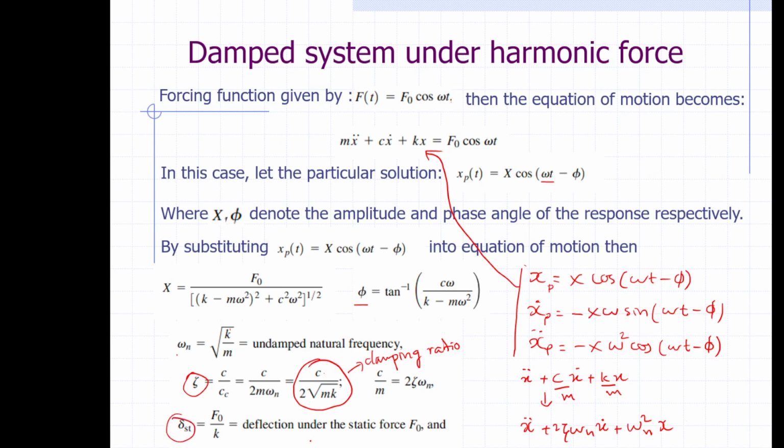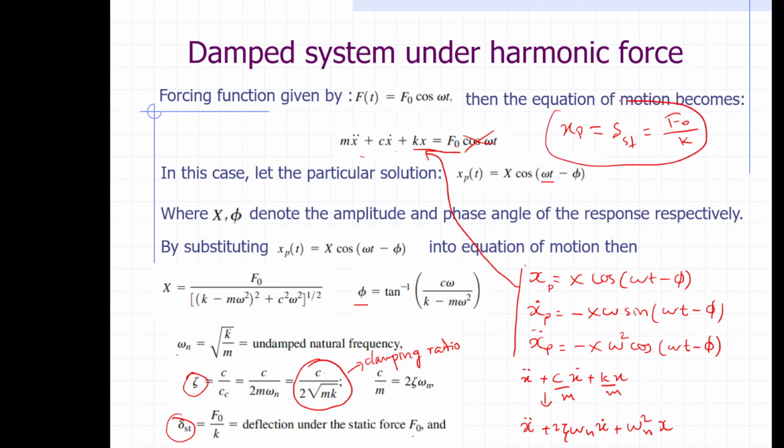and this one is called the static deflection. Under the static force F0, if you give the external force F0 without this one, just F0, then you get the static displacement delta st. Actually, when you solve the particular solution for this one, you get h particular, which is delta st just equal to F0 over k.